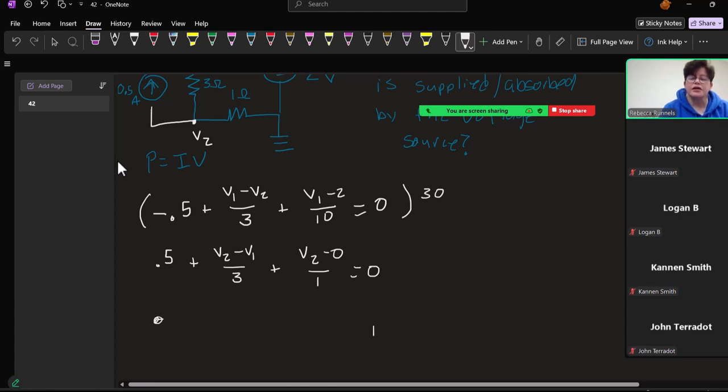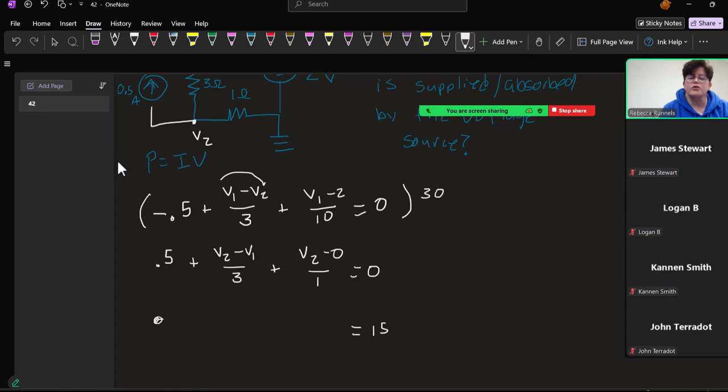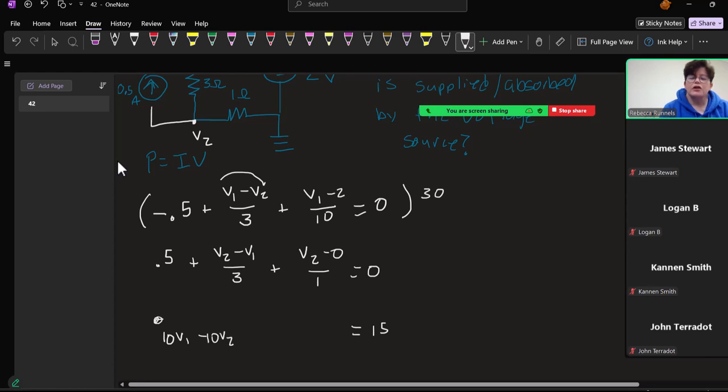When I take it to the other side, I get 15. And then 30 times this first expression, the 3 will cancel, I'll have 10, so I'll have 10 V1 minus 10 V2. When I multiply by the second expression, the 10 will cancel with the 30 and I'll get 3, so plus 3V1 minus 6.